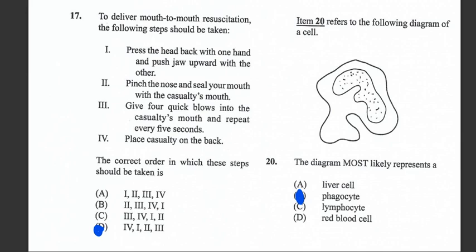Then we press the head back with one hand and push the jaw upward with the other. Then we pinch the nose and seal your mouth with the casualty's mouth. After that we give 4 quick blows into the casualty's mouth and repeat every 5 seconds. So the best answer here would be D.